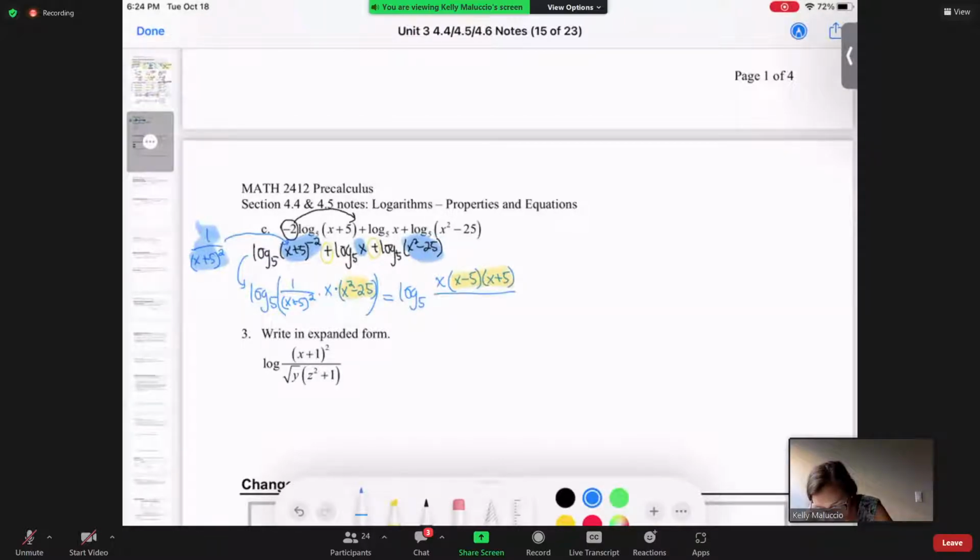And then I say divided by x plus 5 all squared. This is looking good, but I can cancel. I have one more, I can cancel one of the x plus 5s, right? So then my final answer here is going to be log base 5 of x times x minus 5 all over x plus 5.